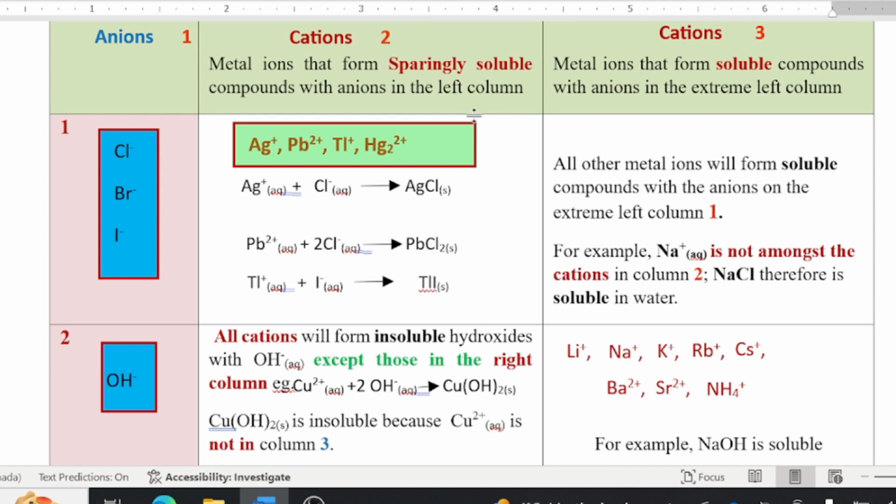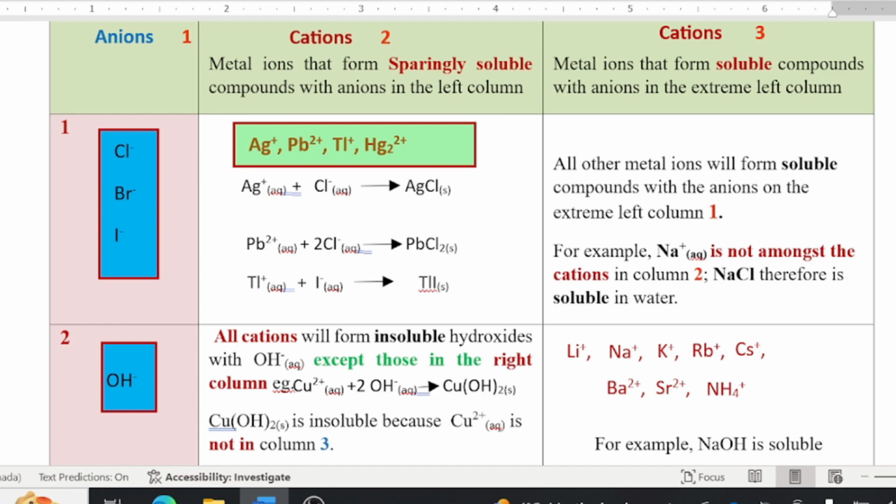Column 2, or group 2, will give you examples of cations that will form precipitates with the anions on their extreme left. They're giving you 4 cations here.